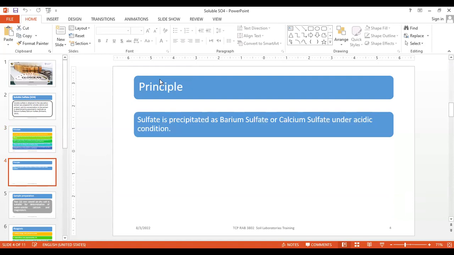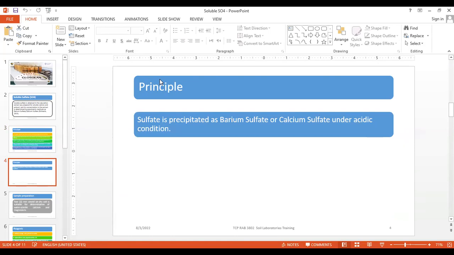As I said, the principle behind this methodology is the production of a precipitate of barium sulfate or calcium sulfate, and this is done under acidic conditions.